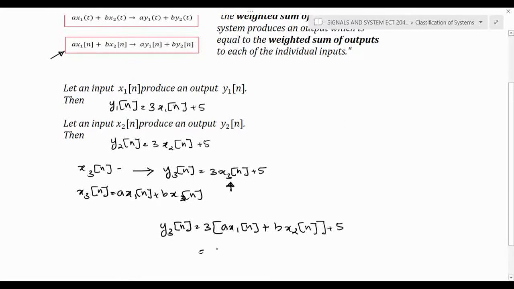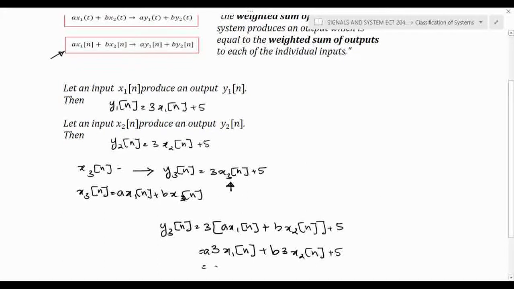And if you rearrange this equation, you can see that this is a into 3x1 of n plus b into 3x2 of n plus 5.